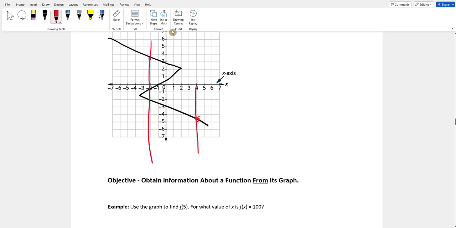It hits the graph more than once. It hits it here, here, and here. So that means that this is not a function because I hit the graph more than once. So the vertical line touches the graph more than once.